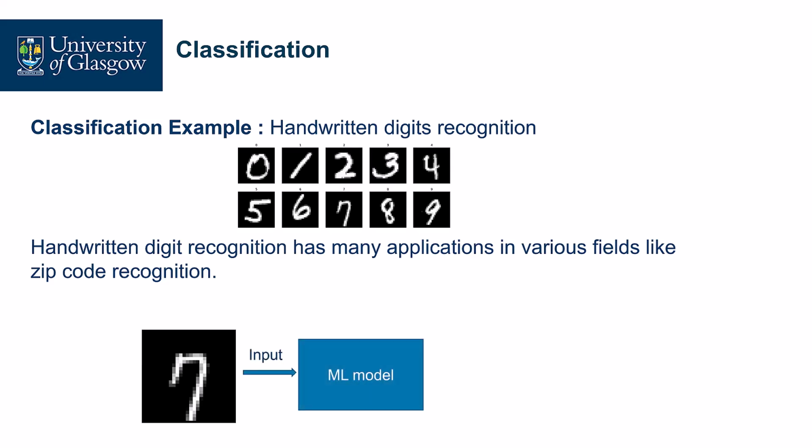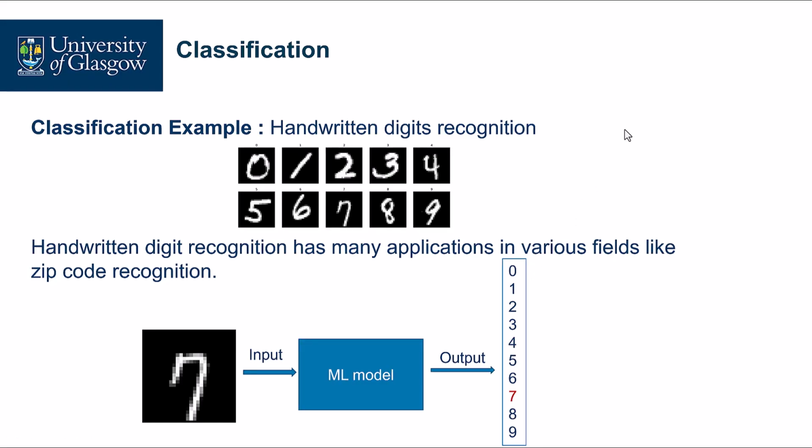Then it will tell us whether what I have written is a 0, 1, 2 up to 9. So these are 10 categories. Although they are numbers, they are categorical data, because we want to know which category this handwritten 7 belongs to. That's why it's a classification problem.